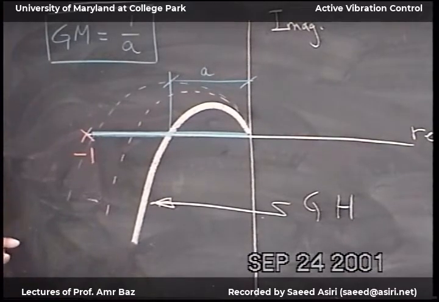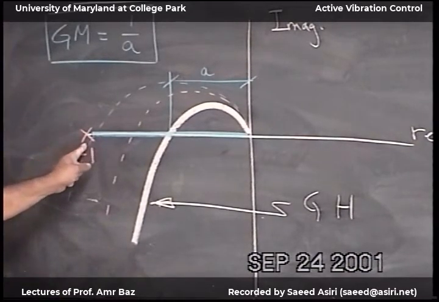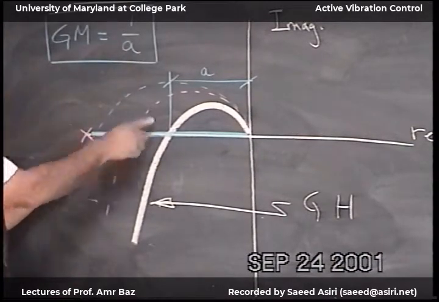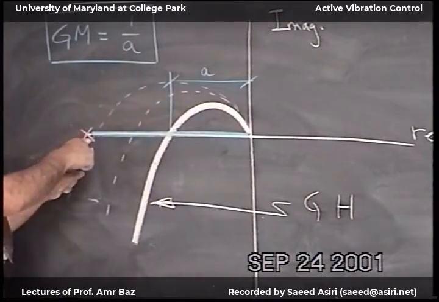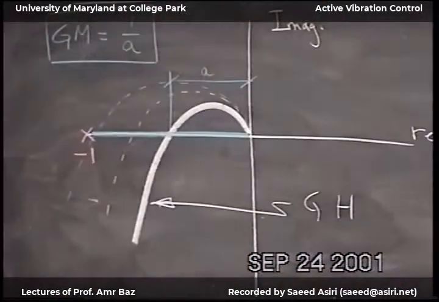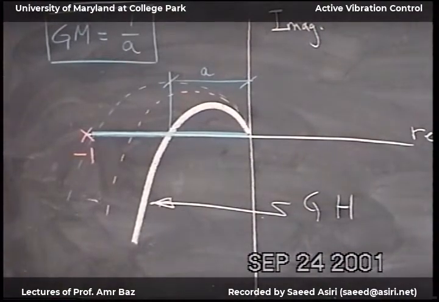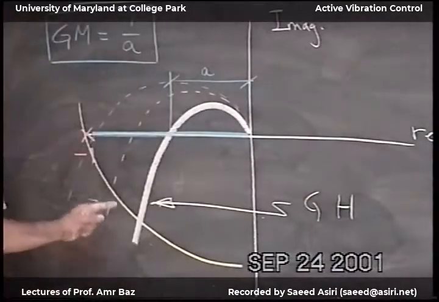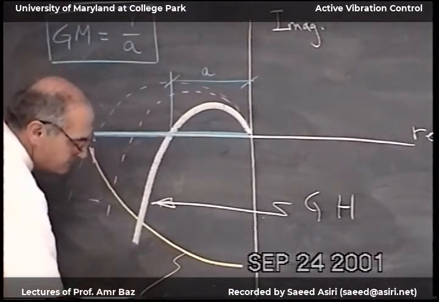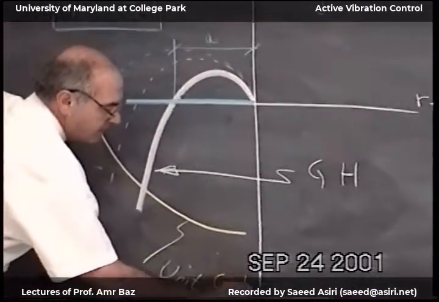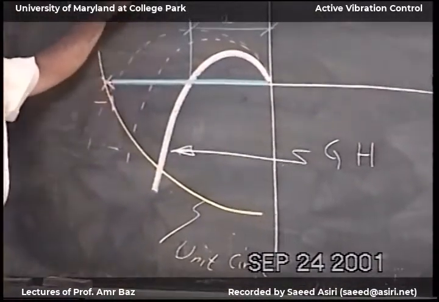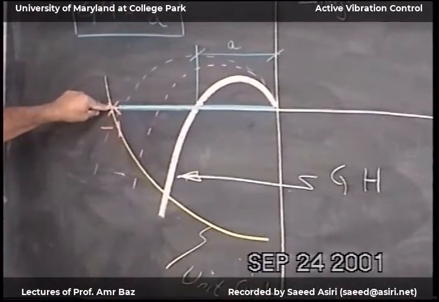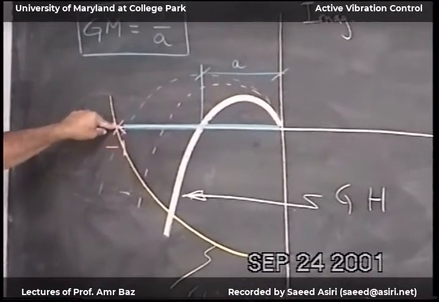Now, if I want to keep as close as possible to the maximum limit of the gain, then I want the amplitude to be as close as possible to 1. So let me make here from here a circle, like this. This circle is a unit circle. So if I keep pumping the amplitude until I bring it very close to the limit that will make me at -1, I want to see how much the phase will be.